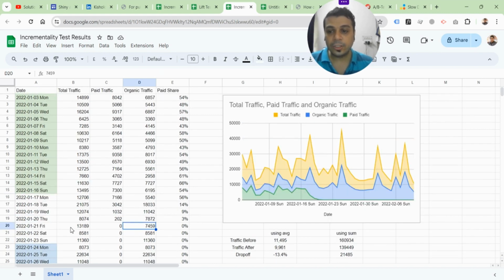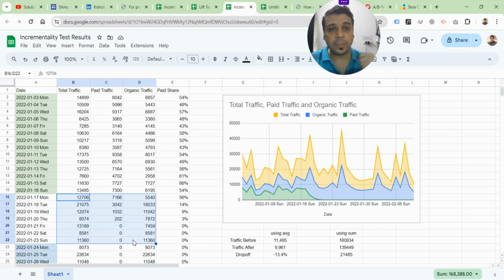That is essentially the reason why we have kept a buffer period here, to allow for that ad stock effect to wear off, because we want to measure the true impact of turning off paid ads, and we don't want the judgment of this experiment to be clouded by the ad stock effect as much as practicable, because it's actually difficult.